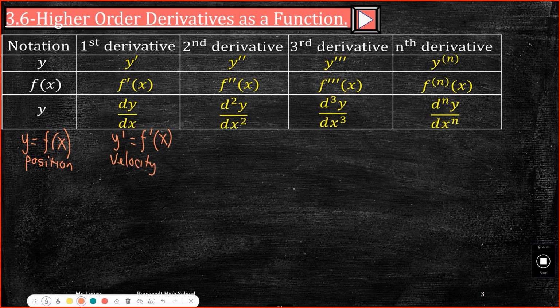Velocity. And if you take the derivative of this, y double prime, it'll be what? Are you guys taking physics? And then you take what? The third derivative is f triple prime of x.